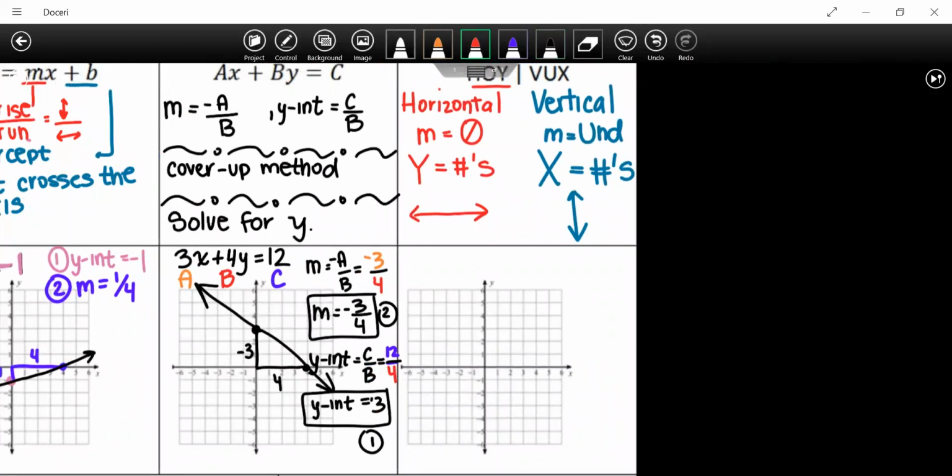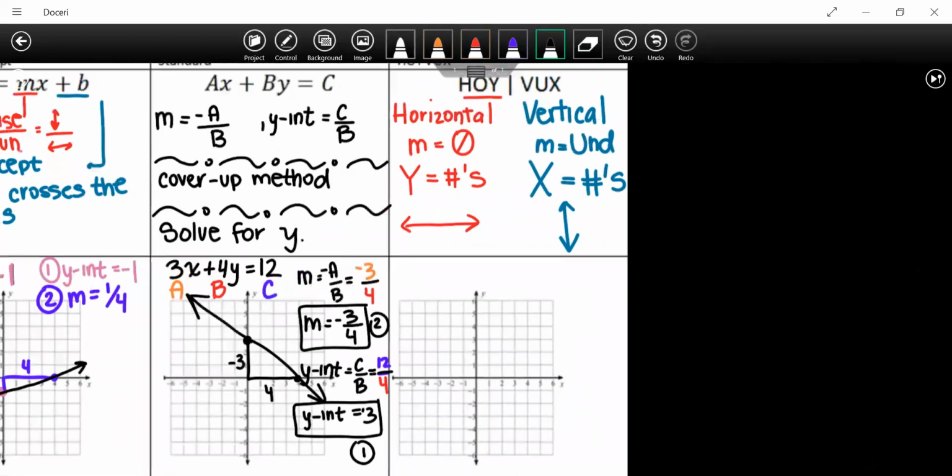The next part that we're going to be able to do is the Hoy-Bucks. These are different types of problems that we're going to see. If I give you a problem like this, y is equal to, give me a number between negative 6 and 6. 5, heard it. Y is equal to 5. Do we have it in the form of y equals mx plus b? No. Do we have it in the form of ax plus by equal to c? No, so it's definitely not one of those.